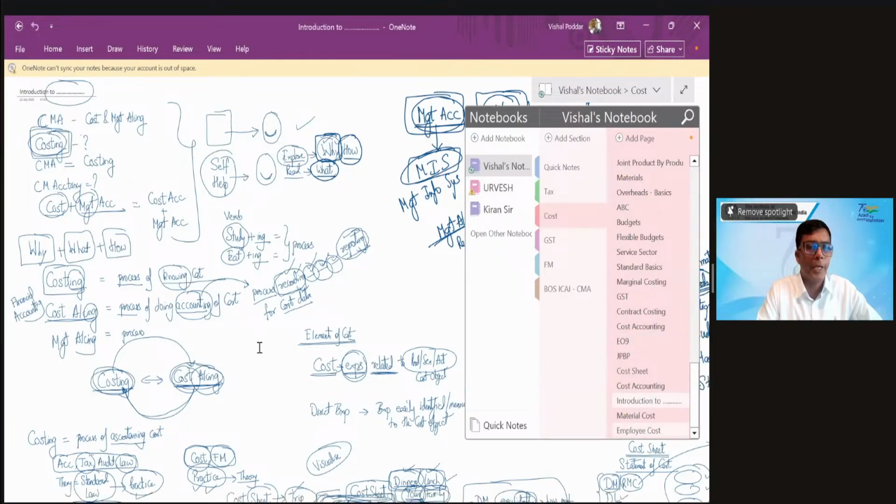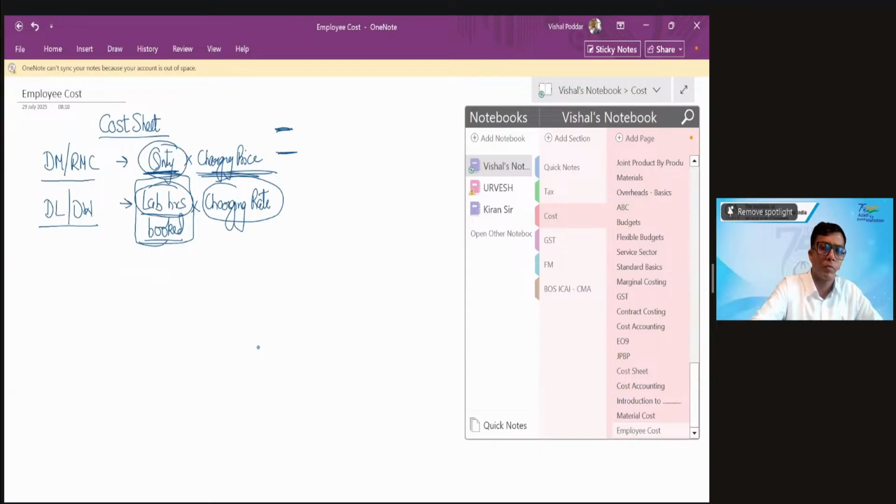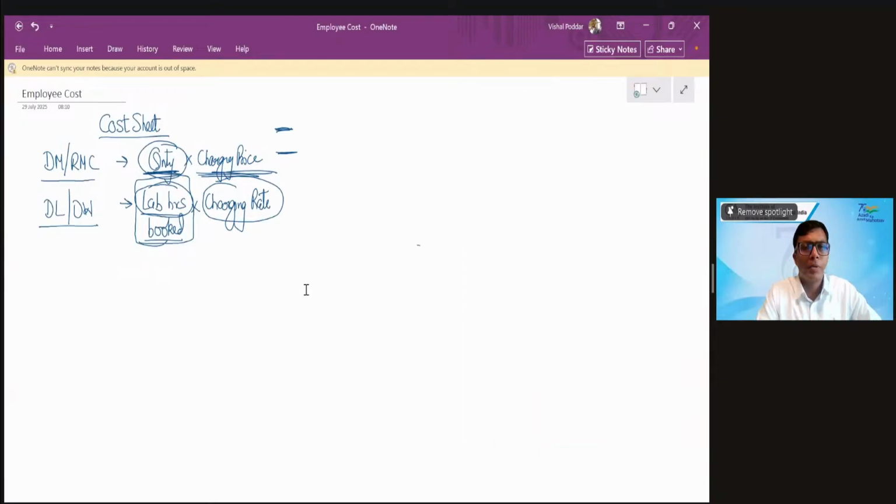Okay. Now, if you all remember, I had explained in the material chapter that in all these chapters, material, labor, overheads, you have to study three things. What are those three things? You will study the accounting, you will study the costing, and you will study the control. So for material, labor, overheads, you will study how to do accounting, how to do costing, how to do control.